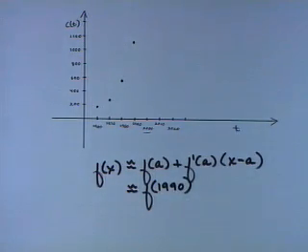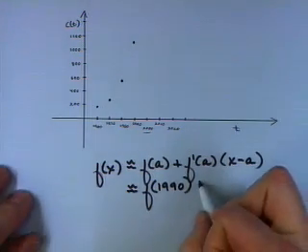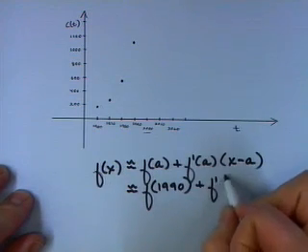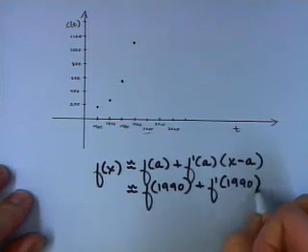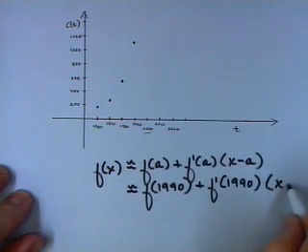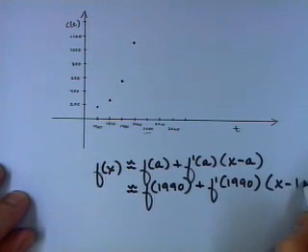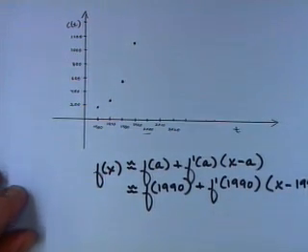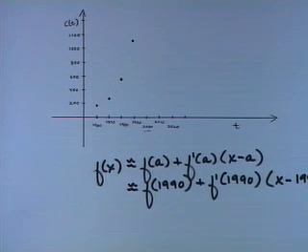So that's going to be our starting point. So the function at 1990 plus the derivative at 1990 times x minus 1990. Well, some of this we know, and some of it we've got to go off to the side and figure out.